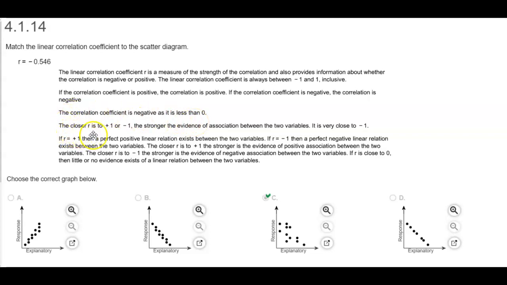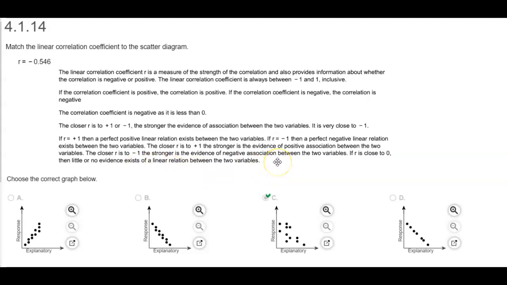Now, the closer r is to positive 1 or negative 1, the stronger the evidence of association between the two variables. It is very close to negative 1. If r is equal to positive 1, then a perfect positive linear relation exists between the two variables.